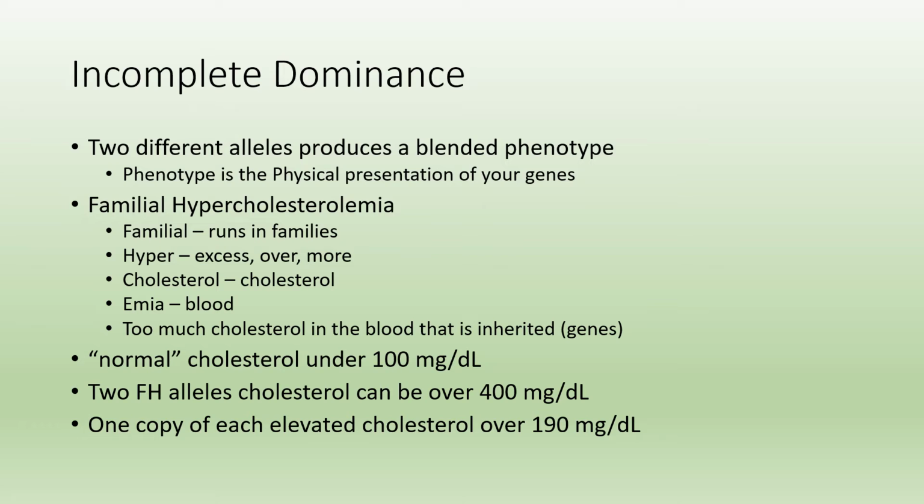Incomplete dominance is when you have 2 alleles that produce what's called a blended phenotype. I've been using the words characters and traits. The scientific word is phenotype, and it's the physical presentation of your alleles, or what variations of genes you have.